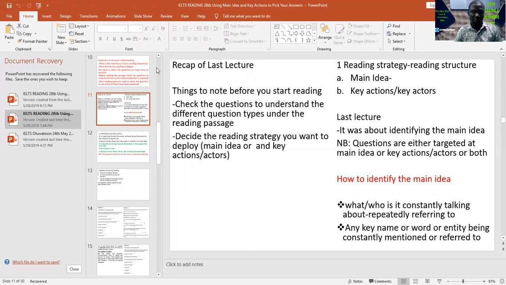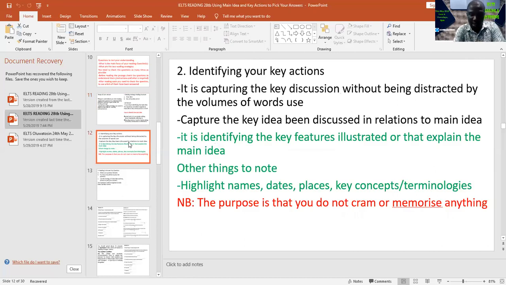Okay, in the first 3 or 4 lectures into this reading, I've been able to take us through how to identify the main idea of every paragraph. And the second thing is how to identify the key actions and the key actor in different paragraphs.